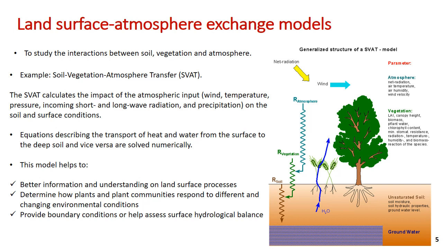That's why this type of model is really important, and also the results of this model are useful to climate change models. So you can use some of the results of this model for climate change modeling.